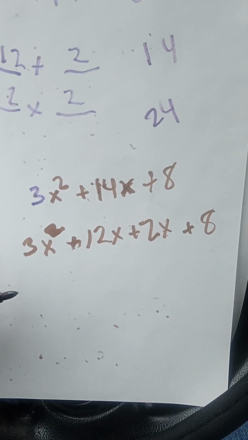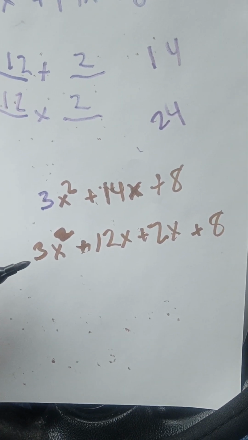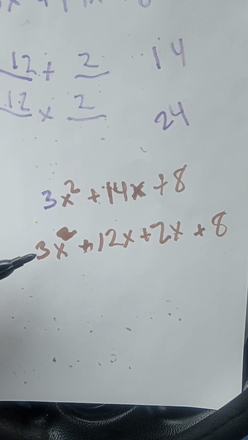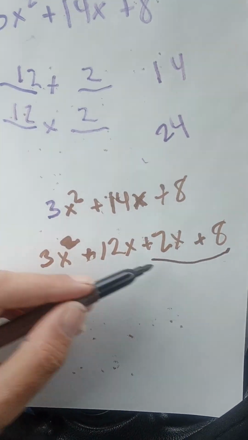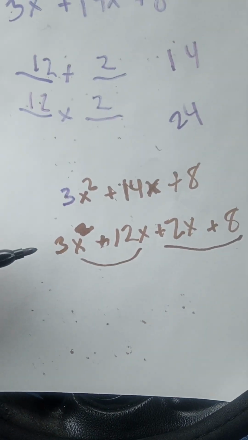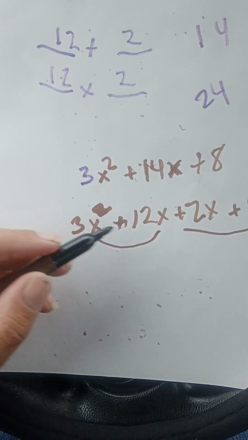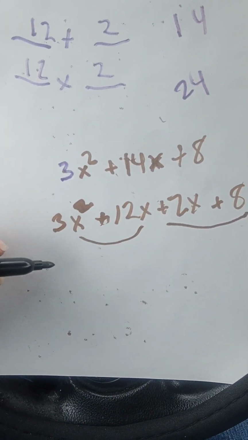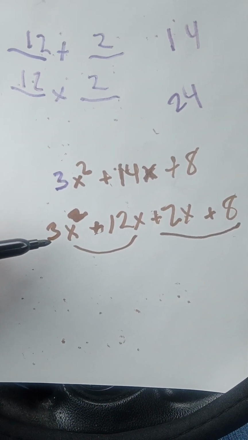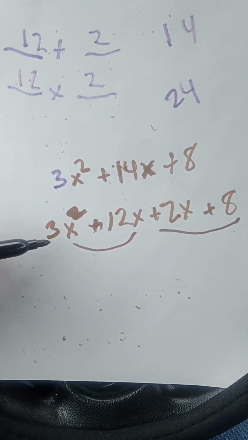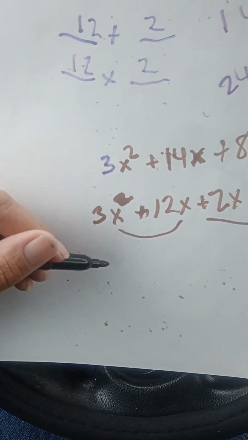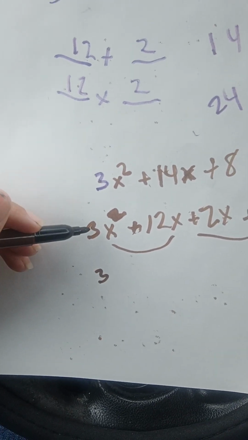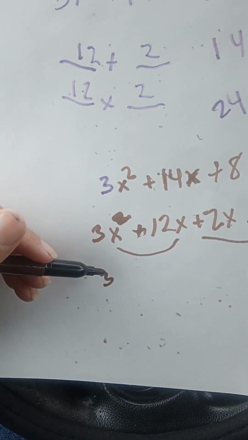And so now, to finish factoring this problem, we're going to factor from these two terms and factor from these two terms. What number or term can divide into 3x squared and 12x evenly? Well, 3 can divide into 3 and 3 can divide into 12 evenly.